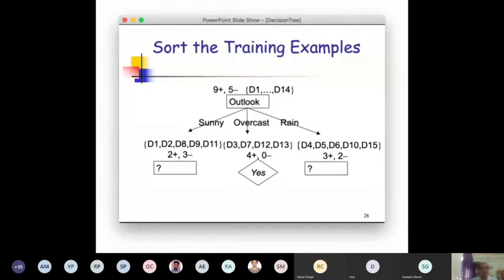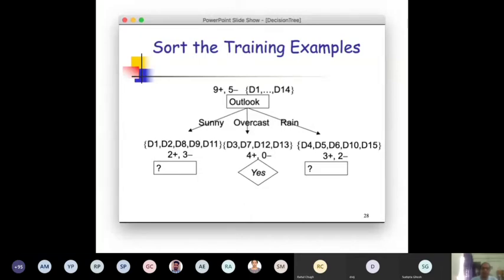And you can see the class distribution. The leftmost is 2 positive and 3 negative. I have not marked which one is positive; you can consult the table given to you with the list of training examples. Then the middle one is 4 positive, 0 negative, and the rightmost descendant in the diagram is 3 positive and 2 negative.